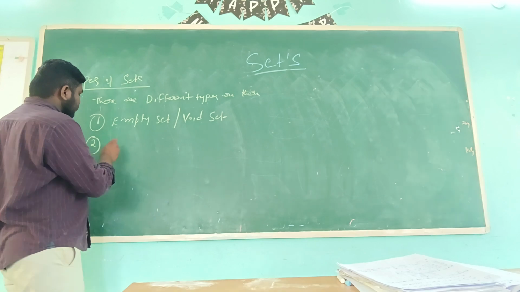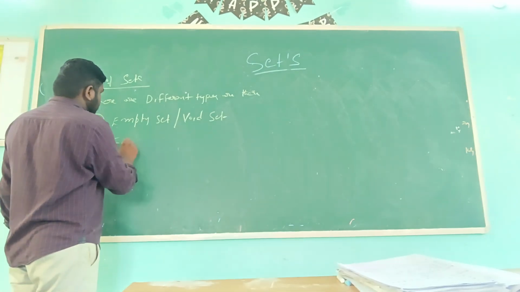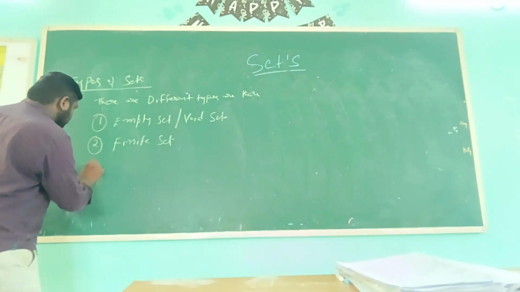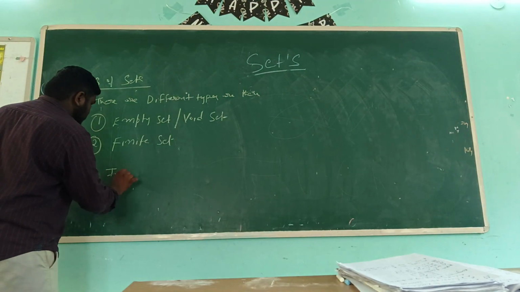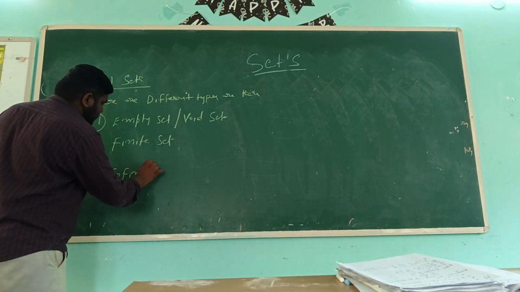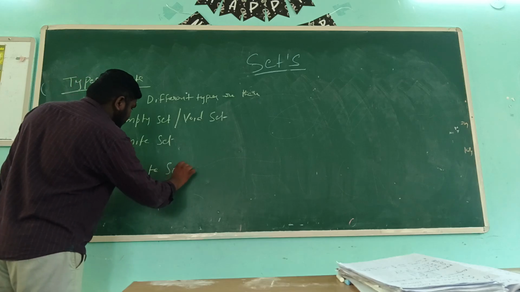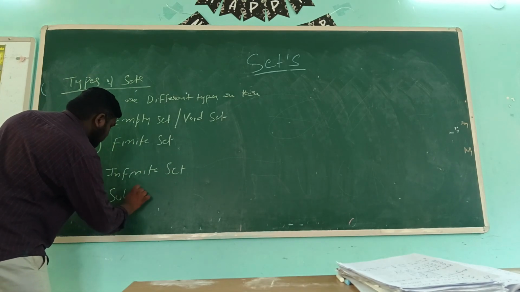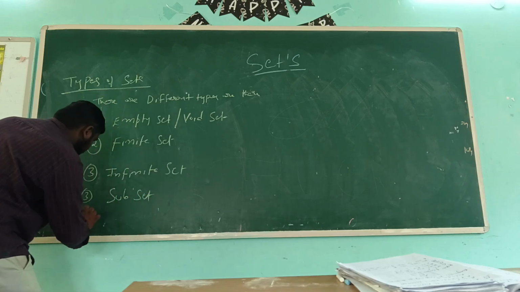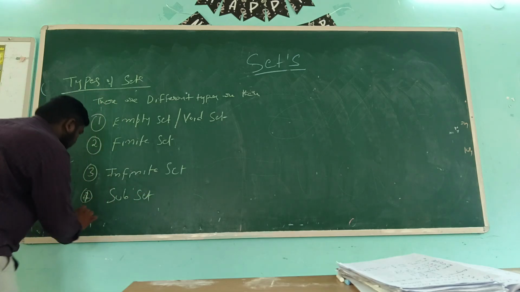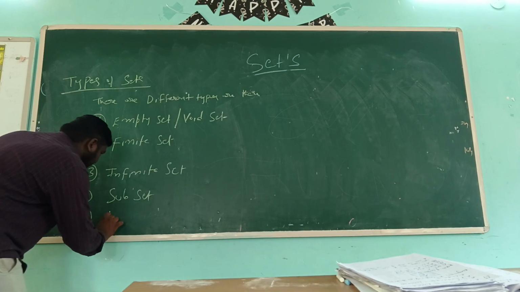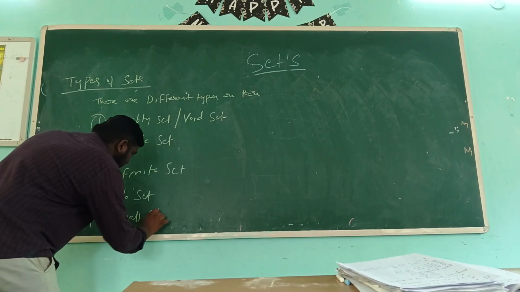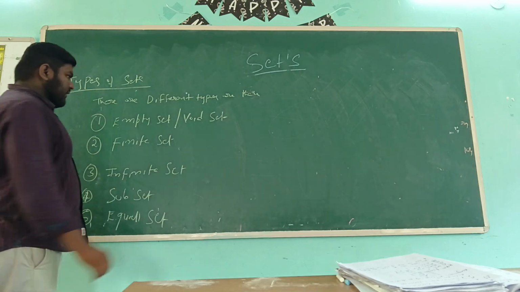Second one, finite set. Third one, infinite set. Fourth one, subset. Fifth one, equal set.